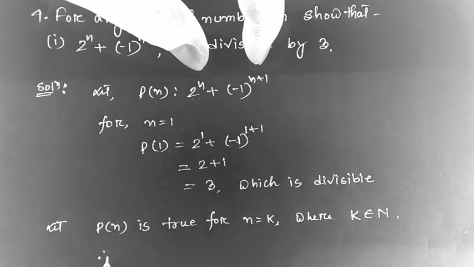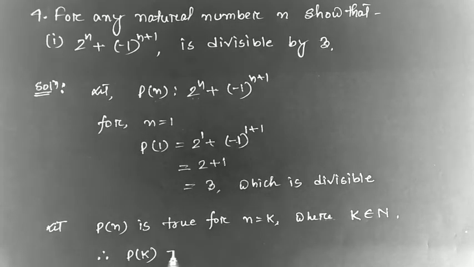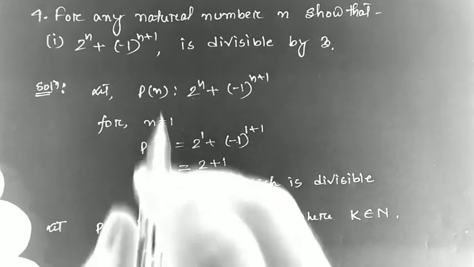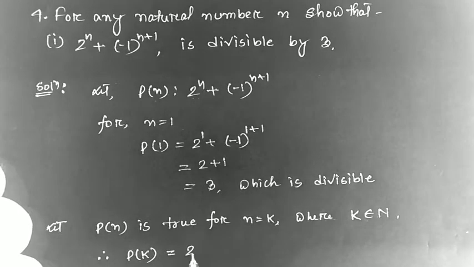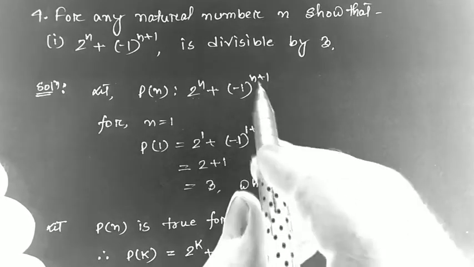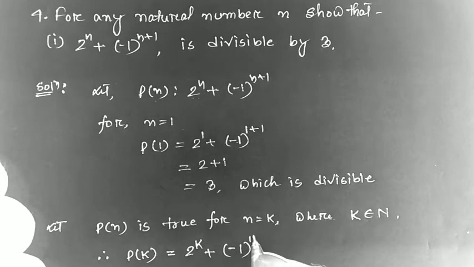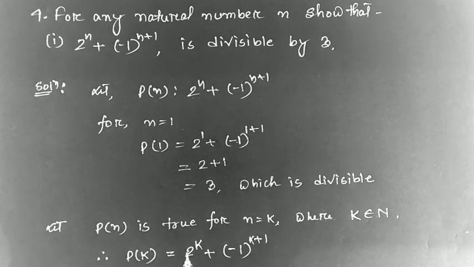Therefore we can write Pk: 2 to the power k plus (-1) to the power k plus 1. Here in place of n we put k. This is the main step.